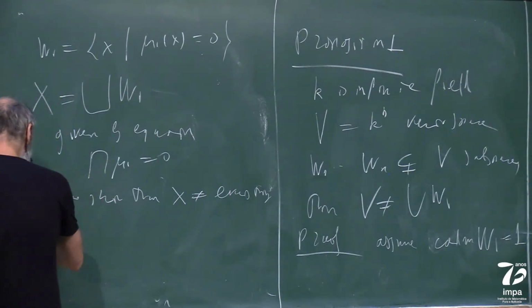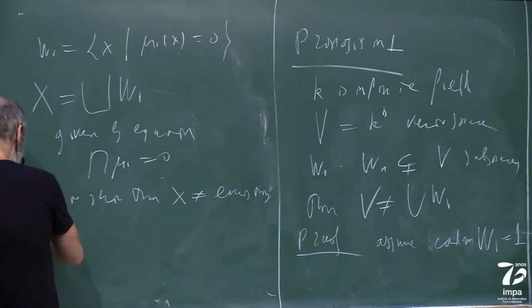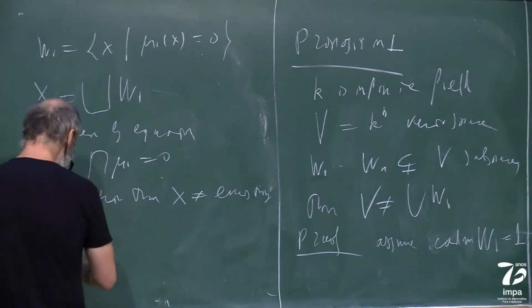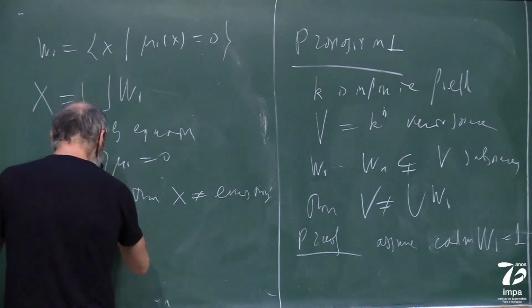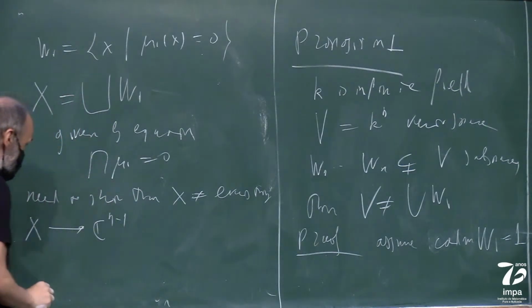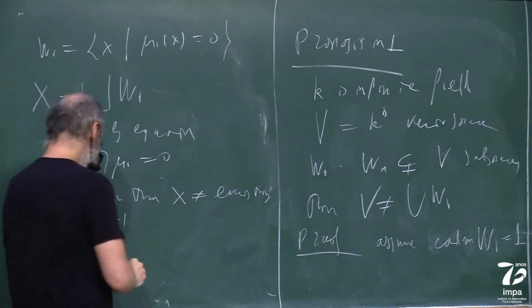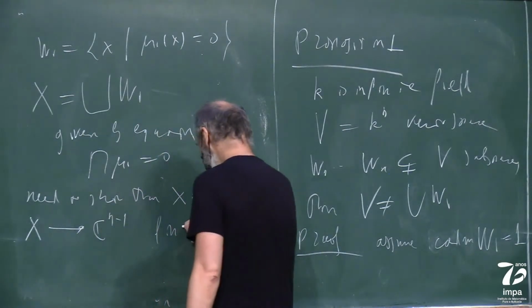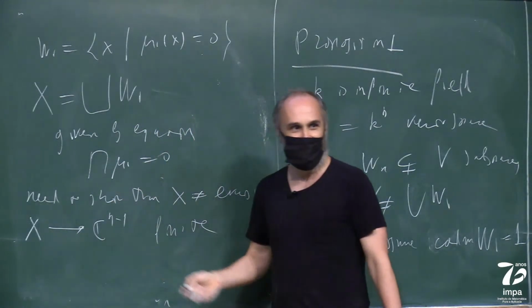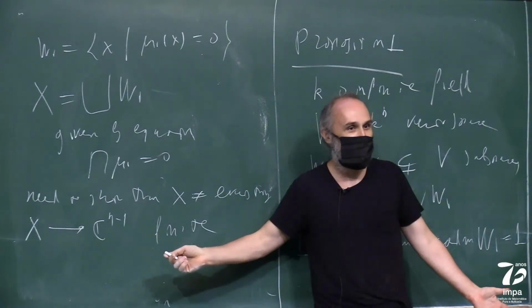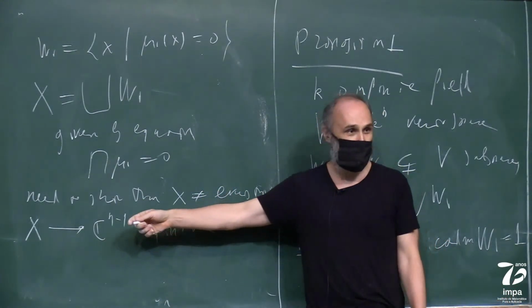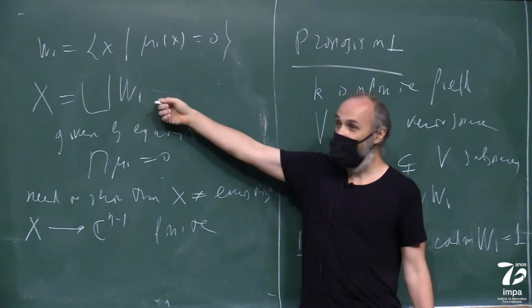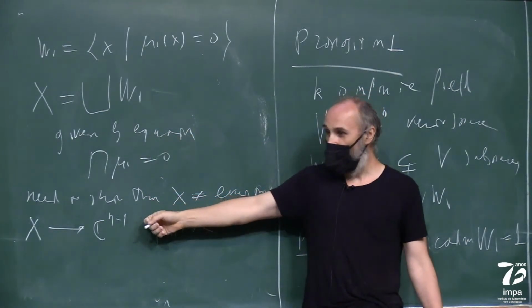You have a projection from X to C^(n-1), which is finite. This is our version of Noether lemma. And we had it. In the second slide, I explained how to do it for something which is clearly not irreducible, but we know how to do it.